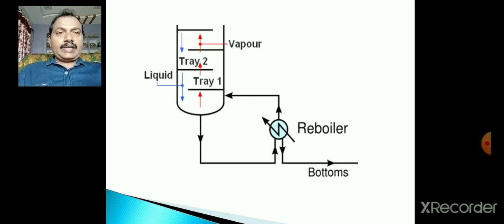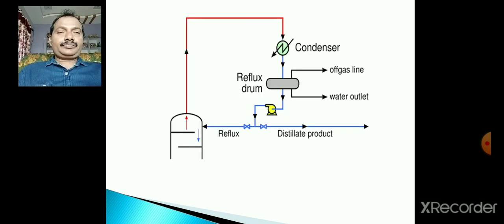Now let us see that unit here. This is the top section. The vapor is moving on the top to the condenser, and the condenser converts this vapor into fluid, and that fluid is pumped as reflux into the distillation column once again, like this.